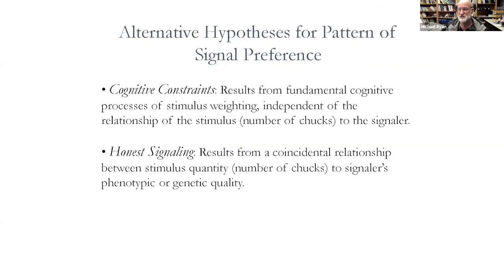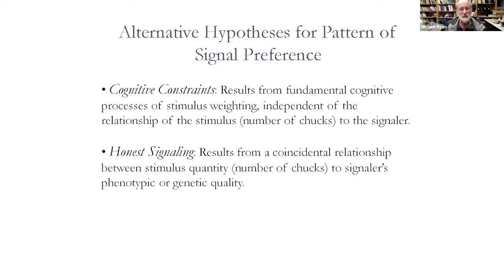That's one hypothesis. The other hypothesis is that this is a mate choice rule of thumb that evolves because of honest signaling. So for instance, it could be that the difference in quality of males that are making 2 versus 1 chuck is much greater than the difference in males that are making 6 versus 5 chucks.